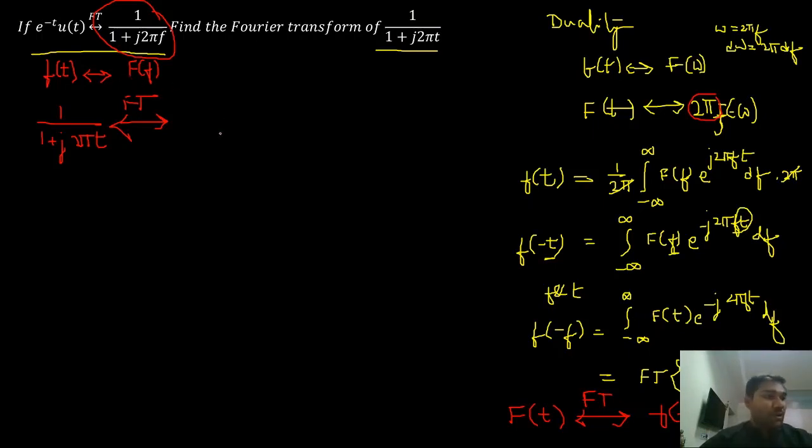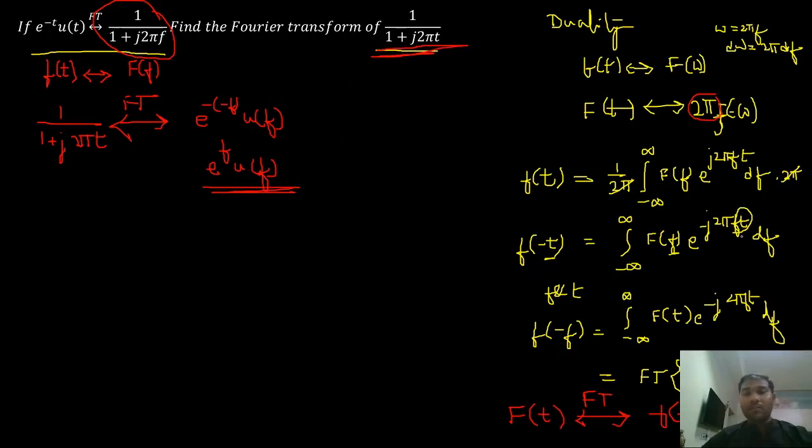If I put small f of minus f, I'll have e power, in place of t, I'll put minus f, and u of f. So this is nothing but e power f u of f. So this is my Fourier transform for this signal.